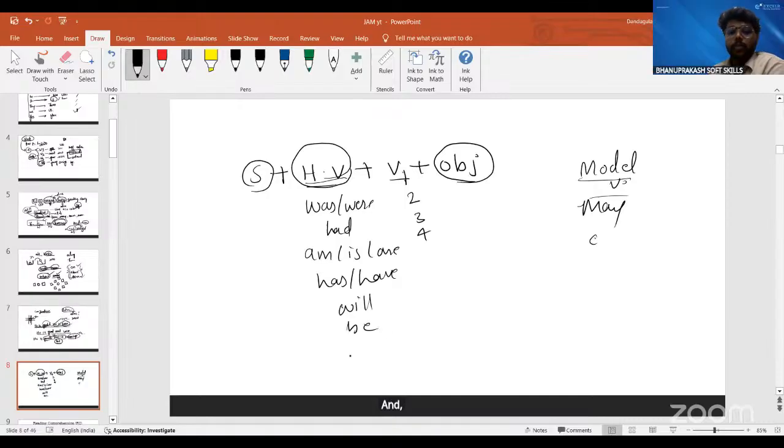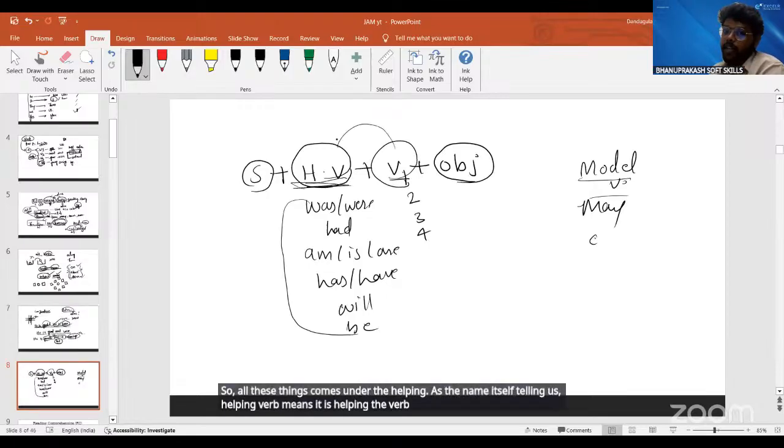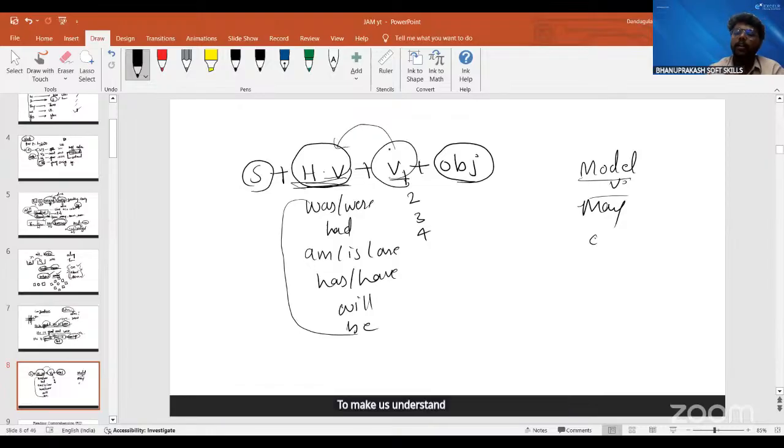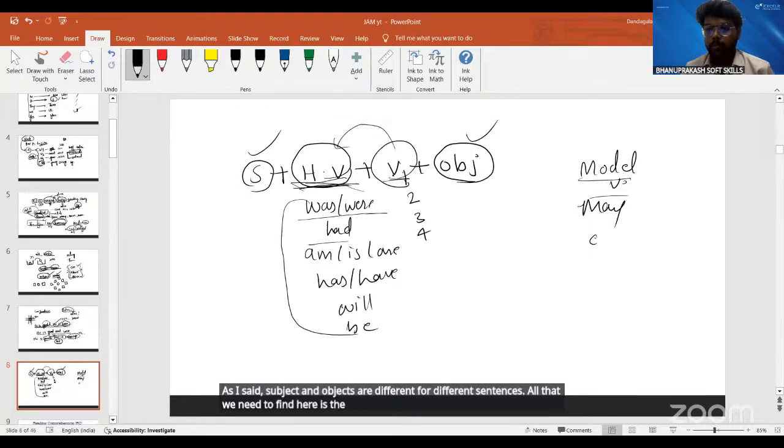All these come under helping verbs. As the name itself tells us, a helping verb helps the verb make us understand when the situation happened. With the help of these helping verbs, we can easily understand whether the sentence is past, present or future. Subject and object are different for different sentences; all we need to find here is the helping verb and verb forms.